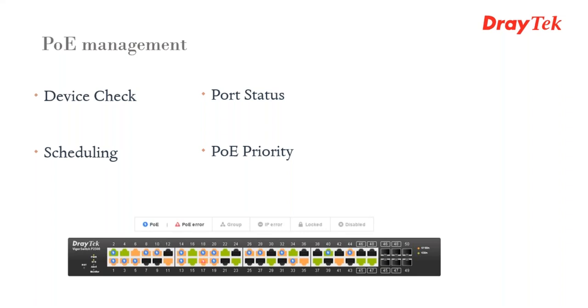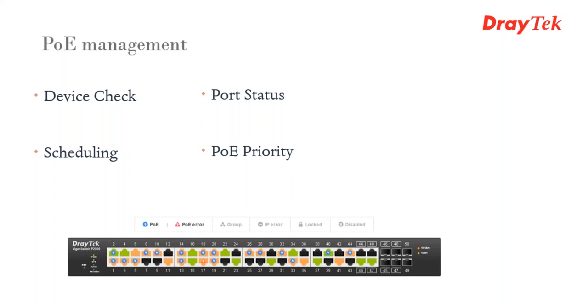With scheduling, you can schedule PoE to individual ports and monitor the status of the connected device. So for example, you can set your access point to be only powered on during business hours and so on.